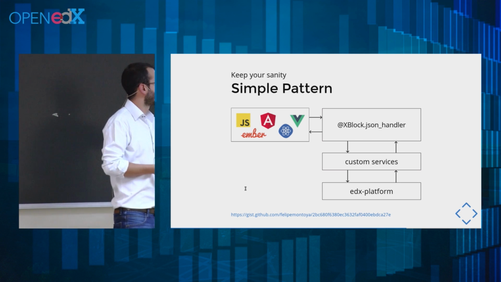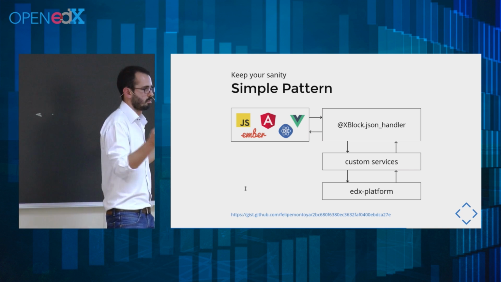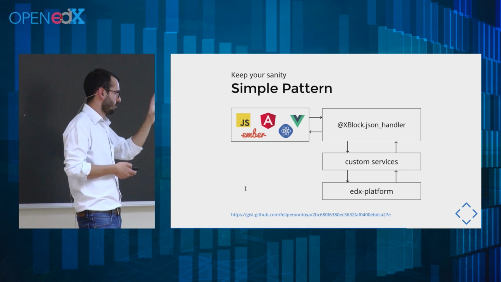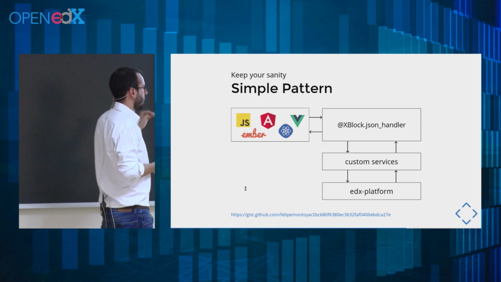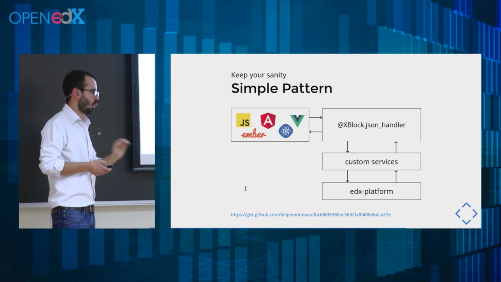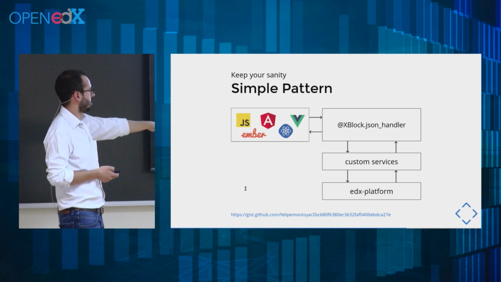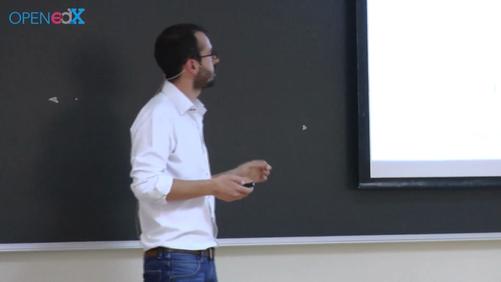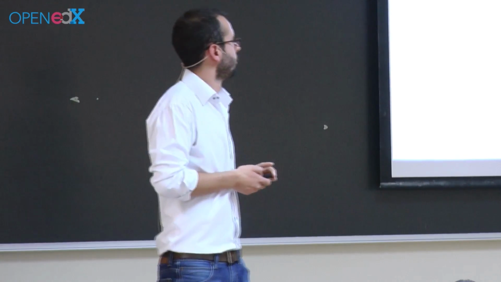This JSON handler in turn uses regular services, but also custom services, whatever you need. And this in turn talks to the platform. So you have these four layers where you will try to catch breaking changes in the one that makes more sense for you. I made a gist, and the presentation is online, so you can click it for more specifics, but I will try to go through them a little bit in detail.